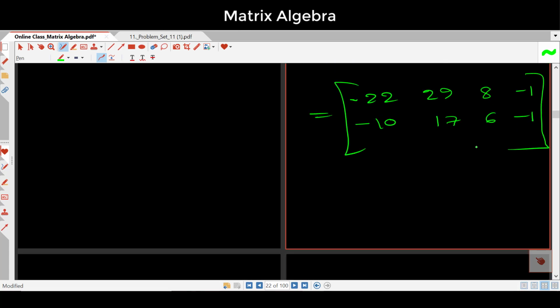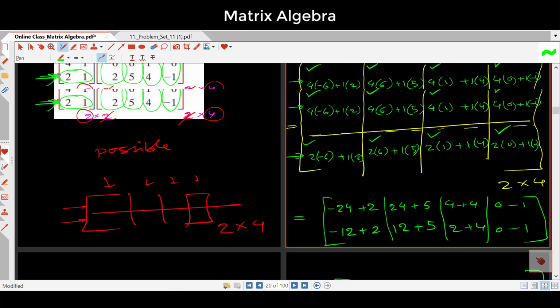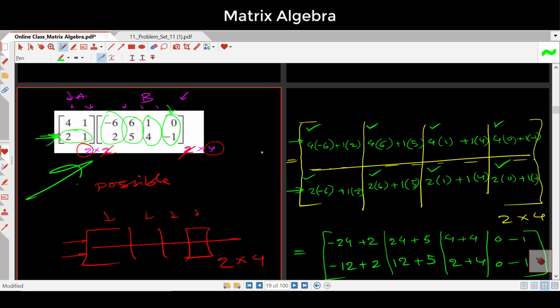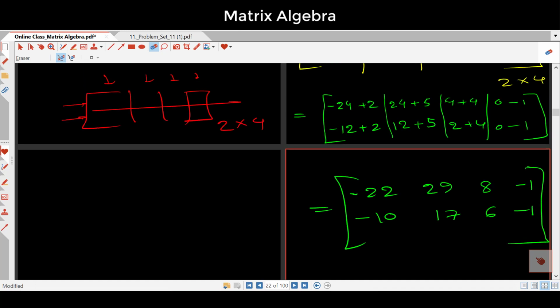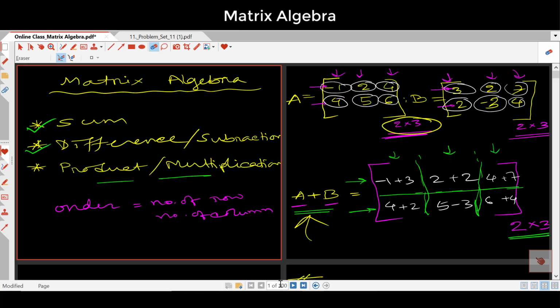So this is about the multiplication of these two matrices, which gives a matrix with 2 rows and 4 columns. So this is how you can do multiplication of two matrices. So this is about matrix algebra. I hope you have understood the concept. So that's all for today. Thank you.